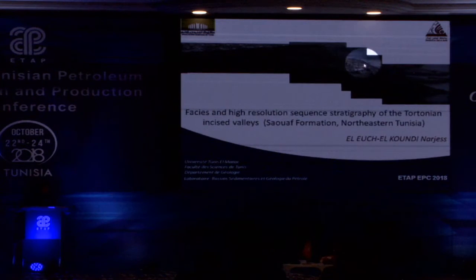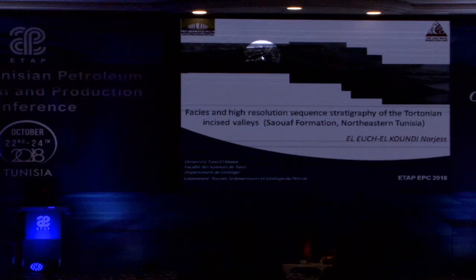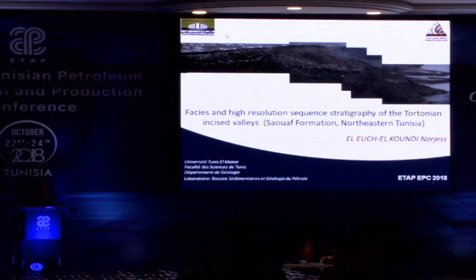Here we see the different incised valleys, the first and the second, and we see that they are very well connected. It's very important. This type of sand flowed up to 6,000 barrels a day from the Baraka 1 well. A huge rate.